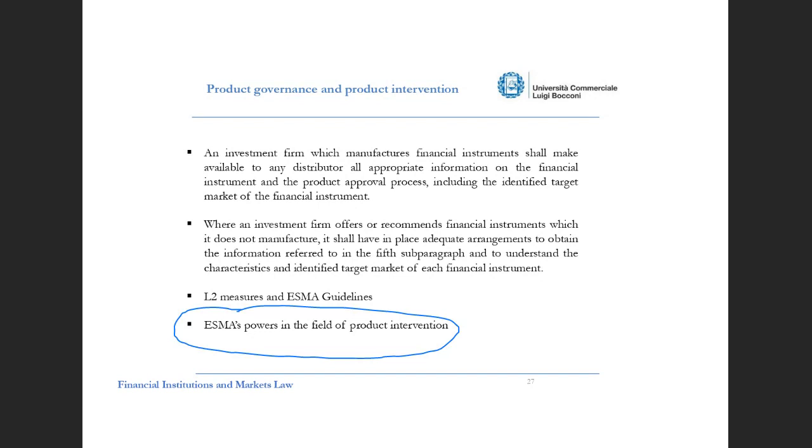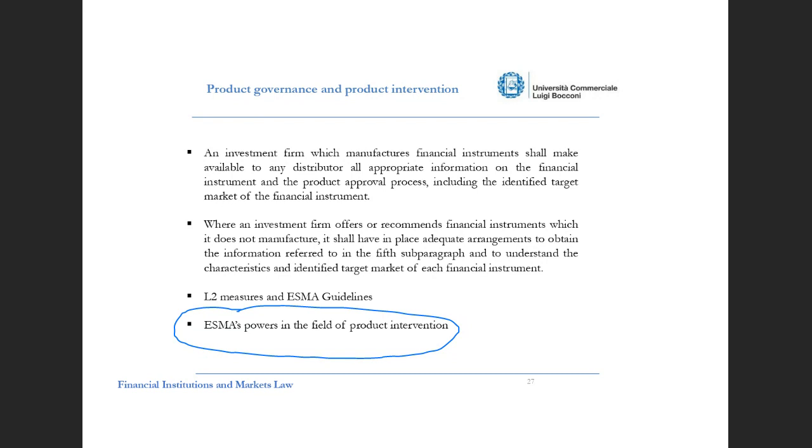And this is basically a provision under MiFID that gives supervisors the power to block certain products and exclude them from the market for the purpose of investor protection. So it's much stronger than product governance. It's called product intervention because in particular circumstances, supervisors might step in and say simply that a certain product should not be on the market at all.